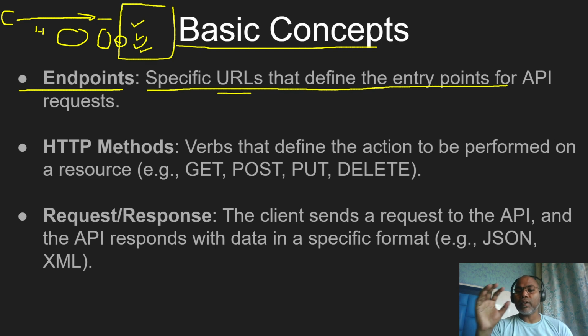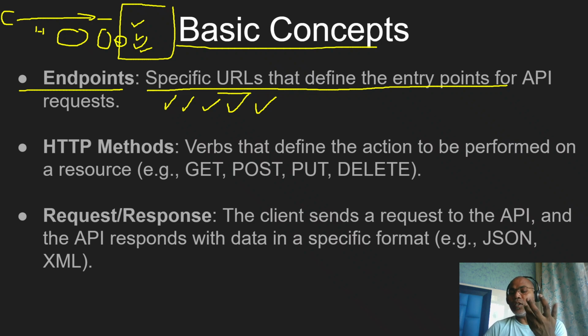The URL contains complete information about the protocol, the IP address, the port number, the application, and the specific resource or data you want. This is known as a specific URL, and what your service provider exposes is known as an endpoint. It means the place the client is going to send the request.